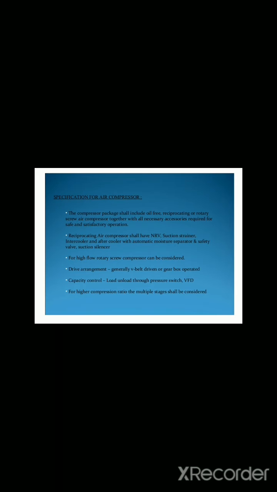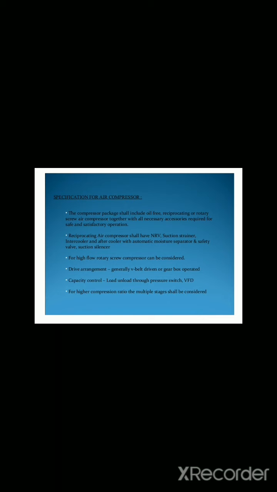Next one is specifications for air compressor. What are the features? The compressor package shall include oil free, reciprocating or rotary screw air compressors together with all necessary accessories required for safe and satisfactory operations.